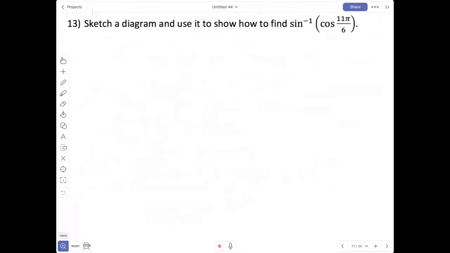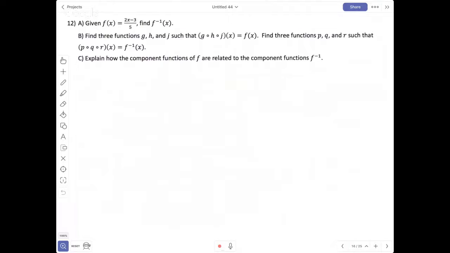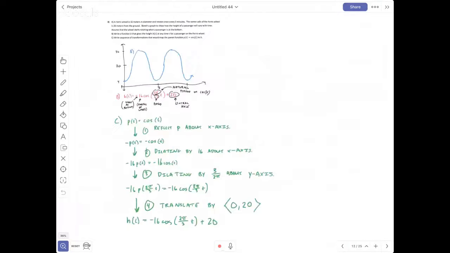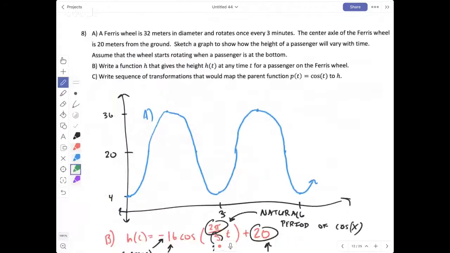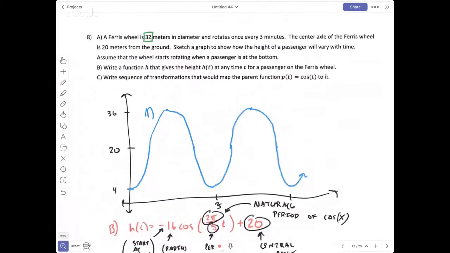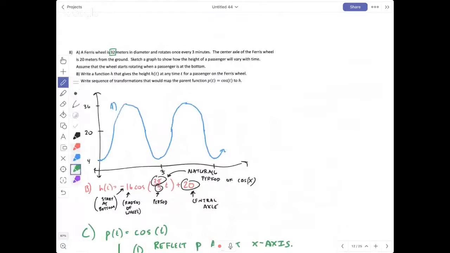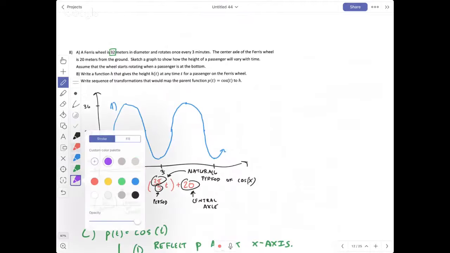Elizabeth has a great question. Go back. Why did I scale to 36? I saw here that the wheel was 32 meters. So I'm thinking about that wheel in this light blue color.